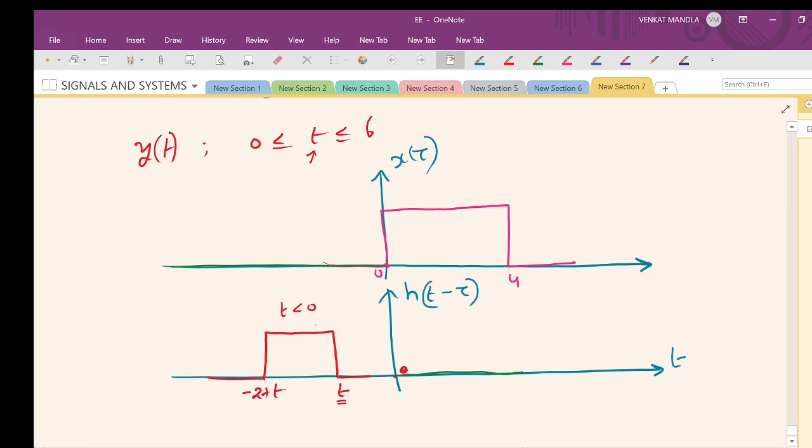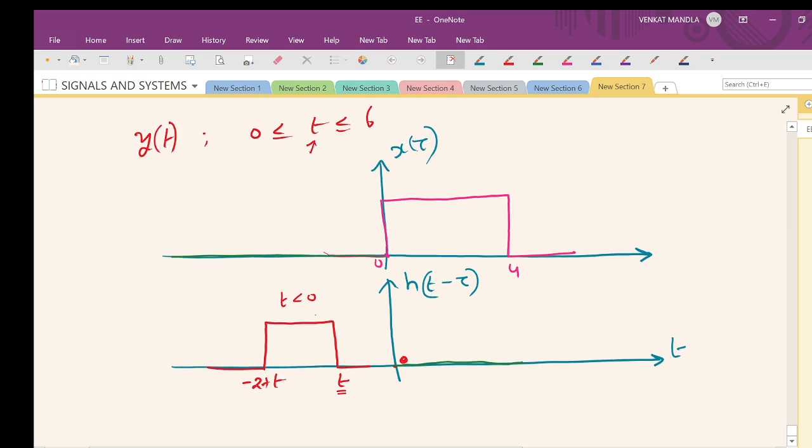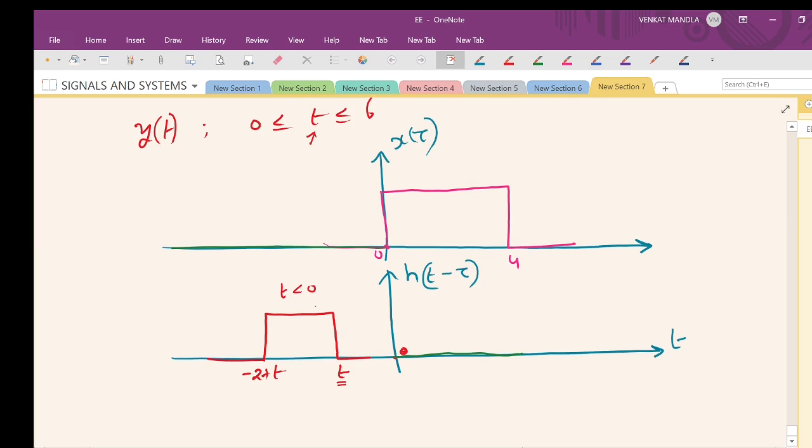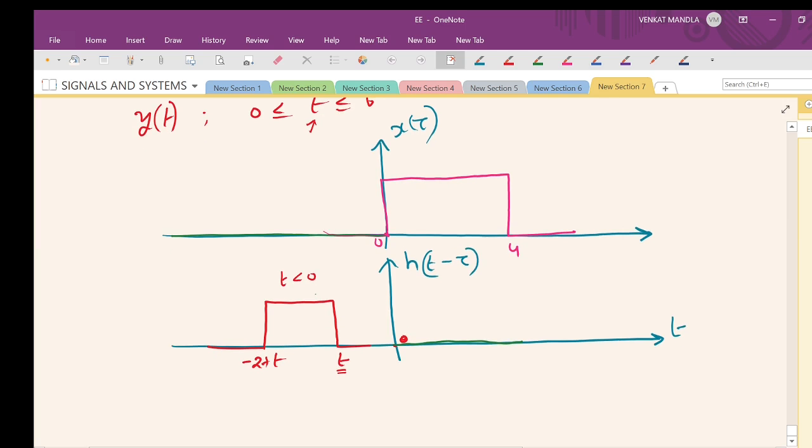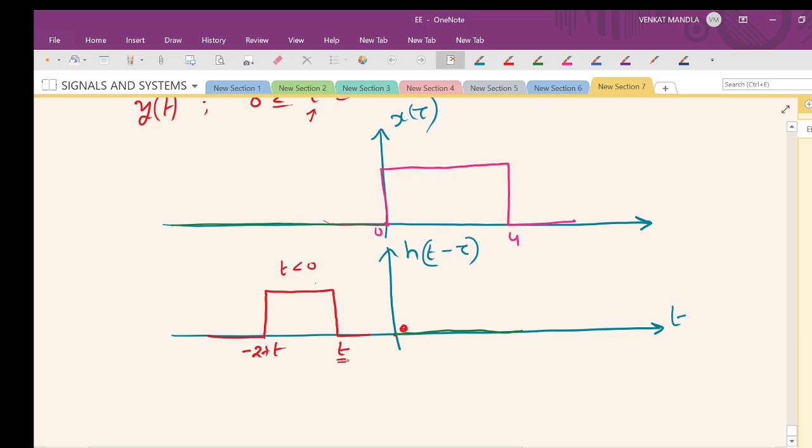So we have to find where these two signals overlap each other. There you will get some non-zero value if you multiply them. If there is no overlap between the two signals, we won't get any non-zero value. I will choose t such that these two signals can overlap. So now I am taking t greater than 0.